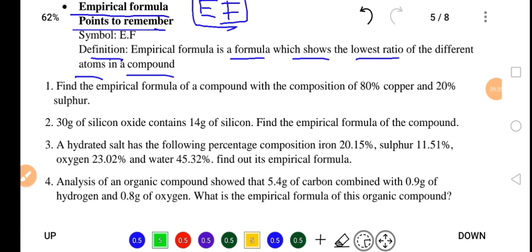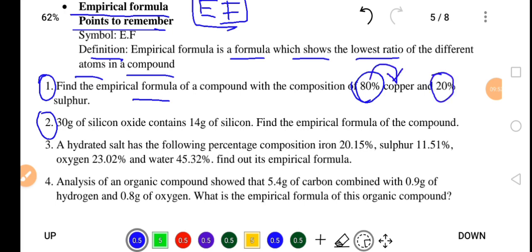For example, number 1, they are telling you to find the empirical formula of a compound with the composition of 80% for copper, and 20% for sulfur. Meaning percentage composition by mass of copper is 80%, and of sulfur is 20%.